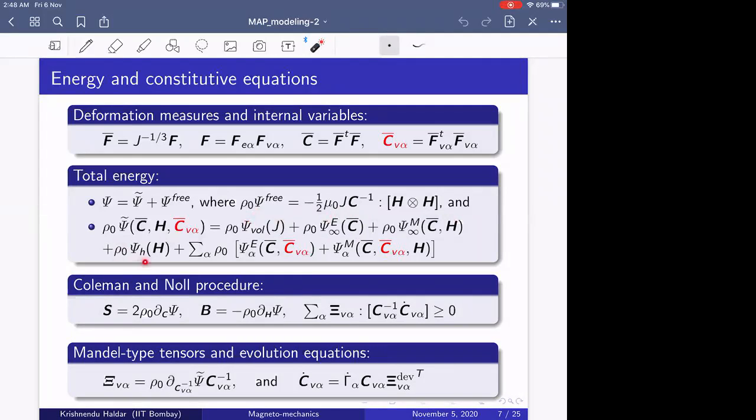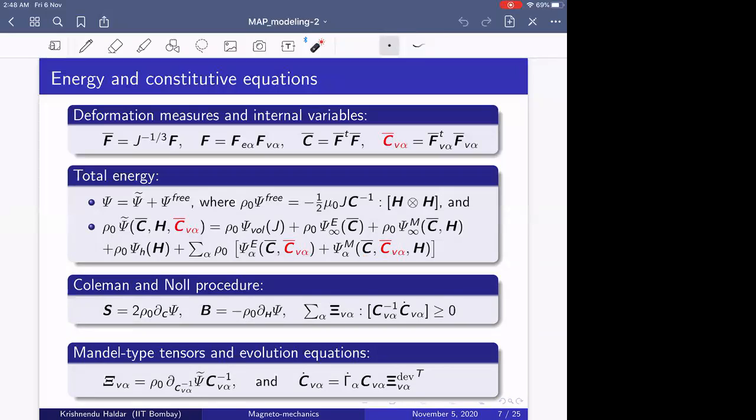Then we have a pure magnetic part. Now we are entering the magneto-viscoelastic part. Again, I'm splitting it into 2 parts. One is pure viscoelastic. So you see there is no argument with H, it is only C, and now the internal variable comes into play, this viscous part. And also we have this magneto-viscoelasticity with C V alpha and H.